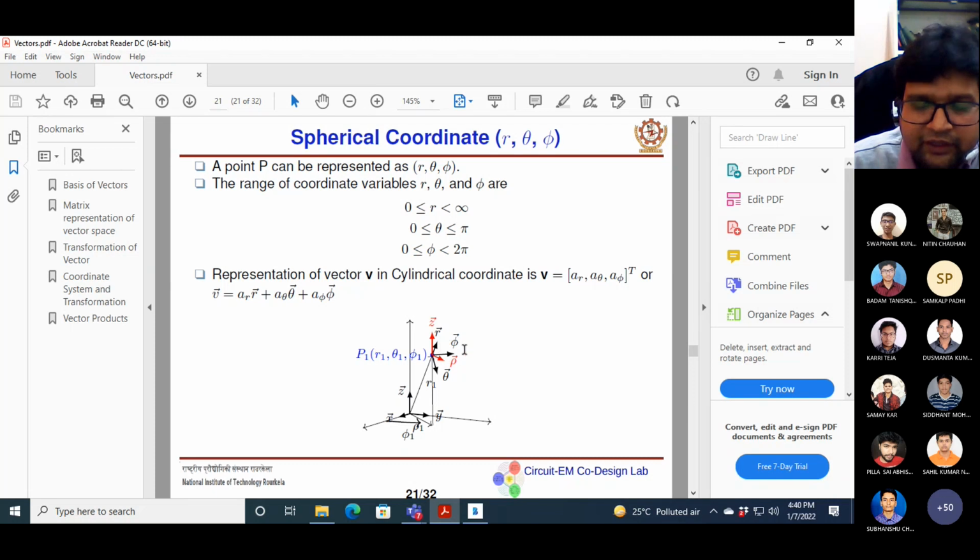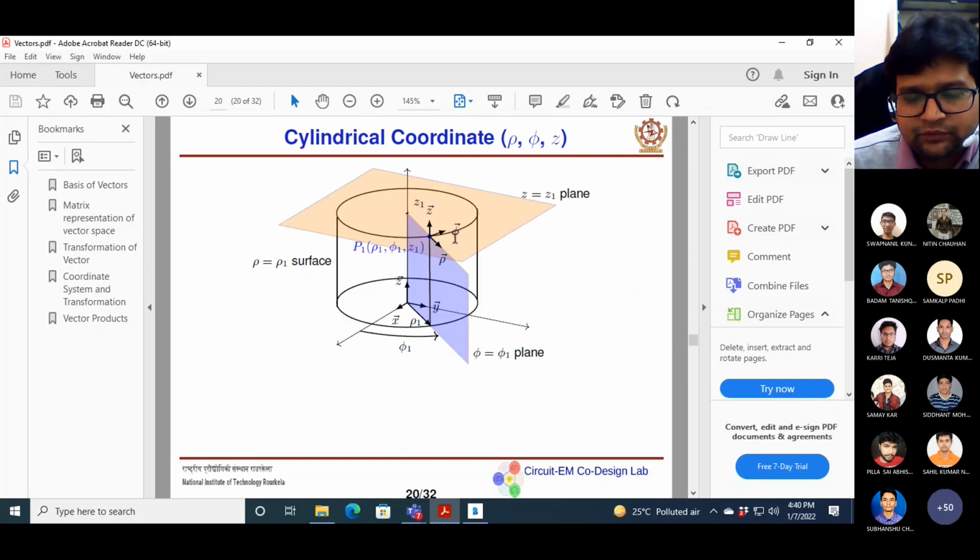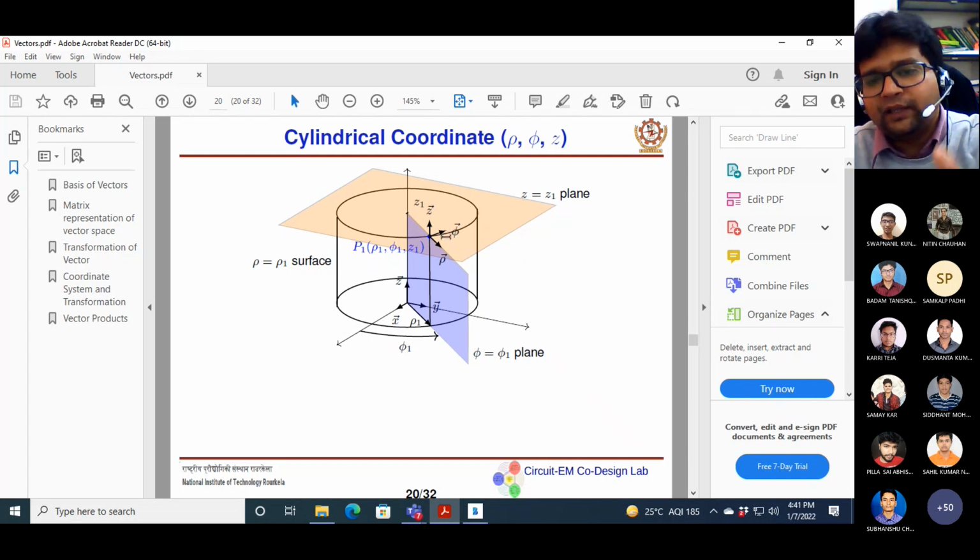Before direction theta, let's see what phi is. This direction phi is the same as this one, you can imagine. And direction theta is obtained if I rotate this coordinate system with respect to the phi axis.